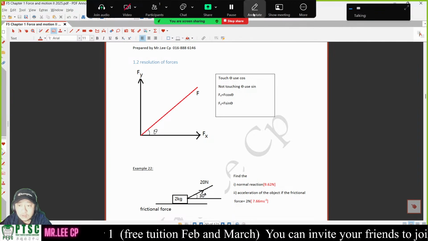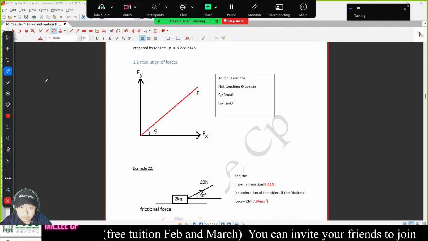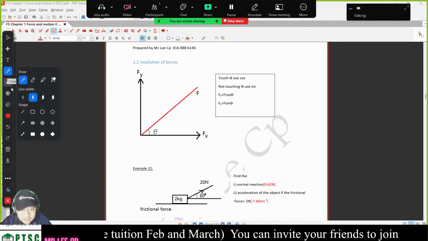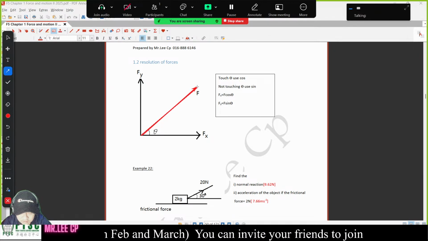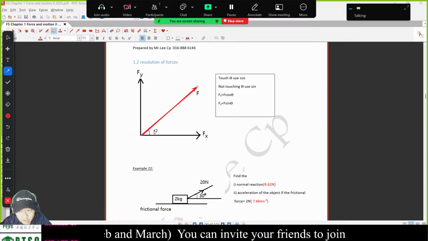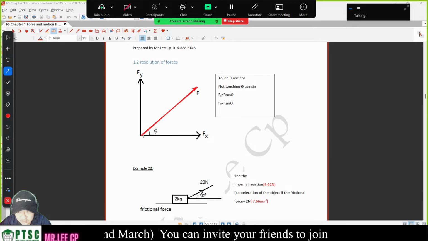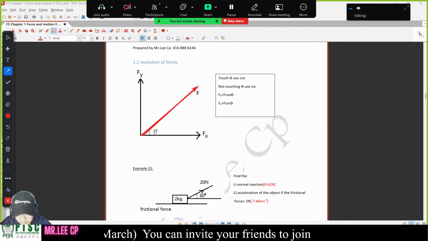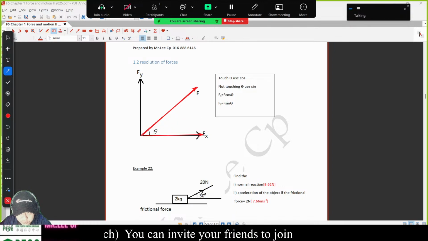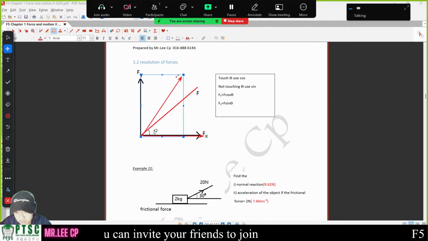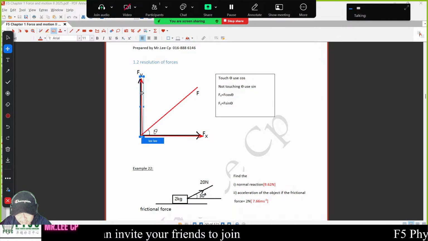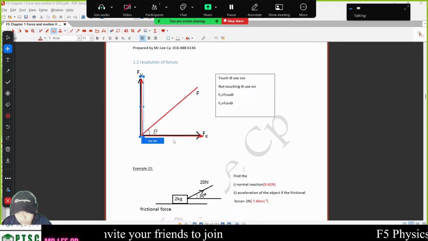Now what is resolution of force? Resolution of force is like you have one force here, which is your resultant force. You want to split this force into two directions. You split it: how much goes here and how much goes here. One goes to the y-axis, the other goes to the x-axis.